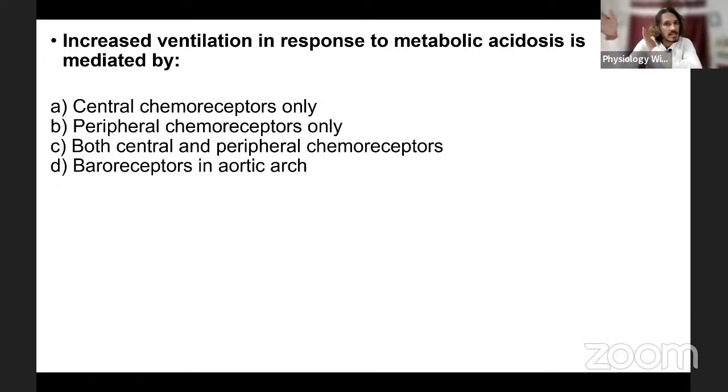Your HCO3 minus will come to reduce the amount of freely available H plus, forming H2CO3, which will split into CO2 and water. And that CO2 again results in increased PCO2. That can again stimulate your central chemoreceptors. So when there is an increase in ventilation in metabolic acidosis, there is involvement of both your central as well as peripheral chemoreceptors.